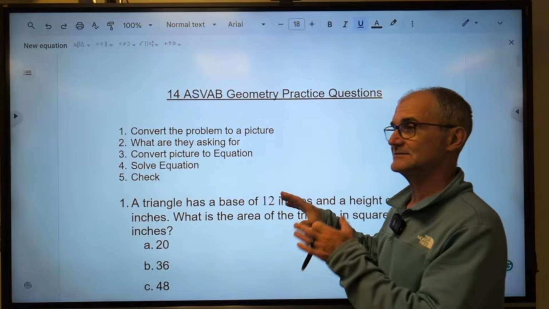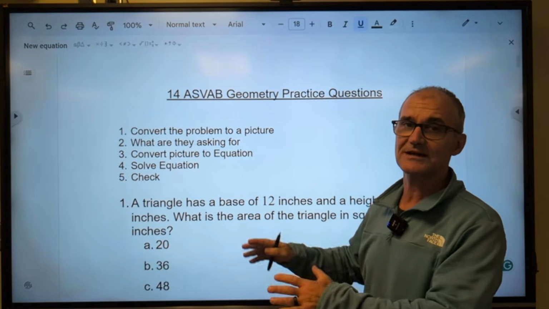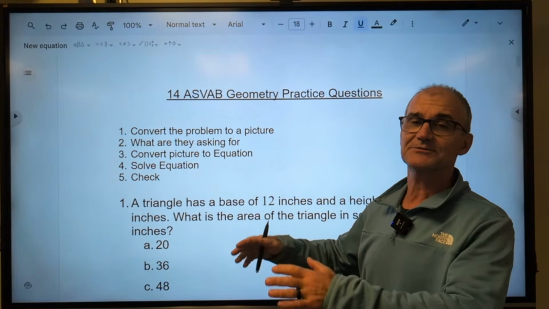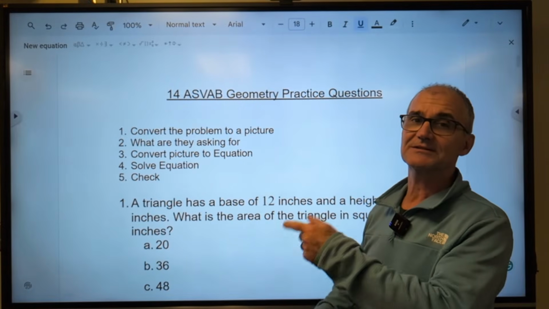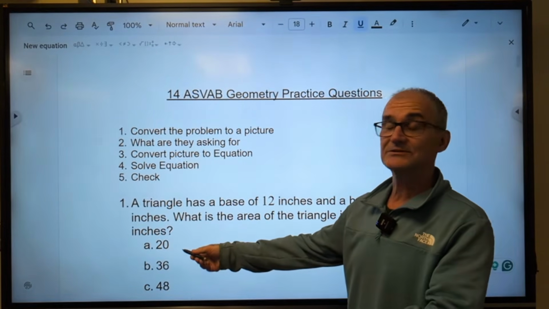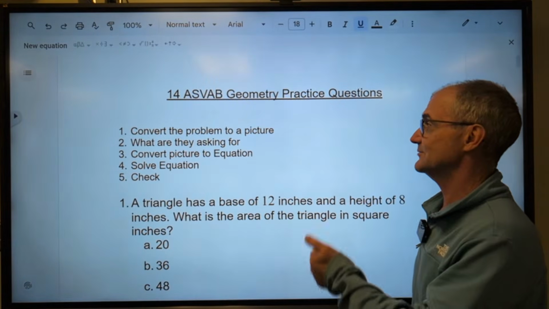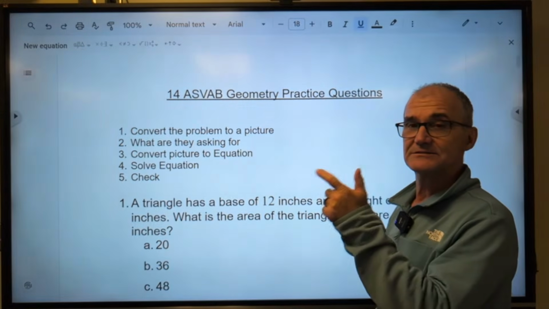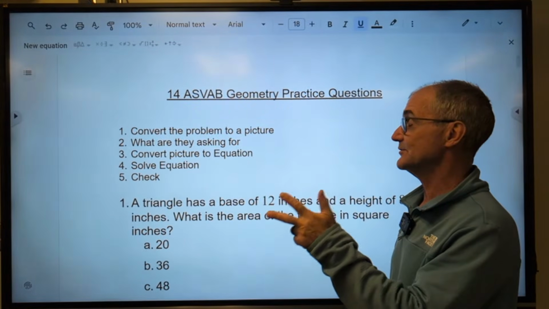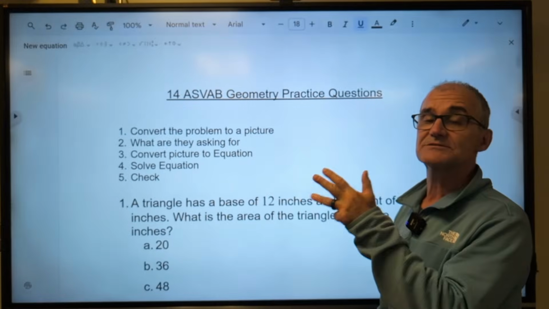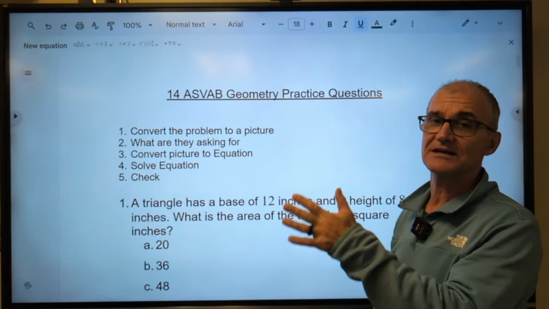It's easy to do so much of the work correctly and solve for something they're not looking for, which will also usually be an answer in the solutions. So convert the problem to a picture, check what they're asking for, convert the picture to an equation, solve the equation, and if there's time, check your work.